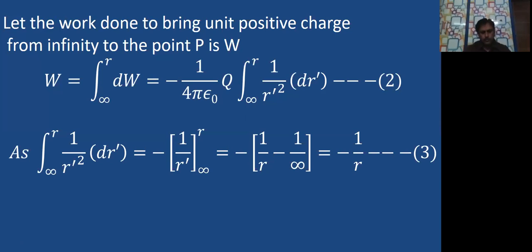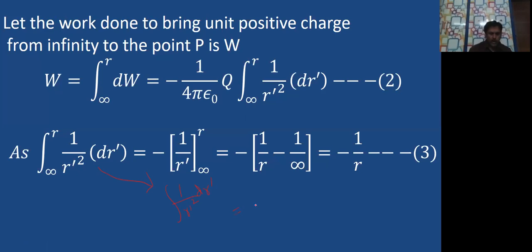So integral of 1 by r dash square dr dash will be equal to minus 1 by r dash in the limits infinity to r. Let me show it carefully: this integral is 1 by r dash square dr dash. Yes or not?